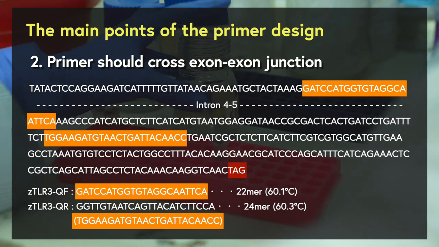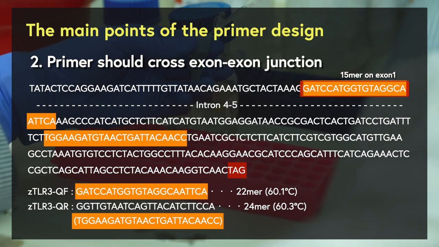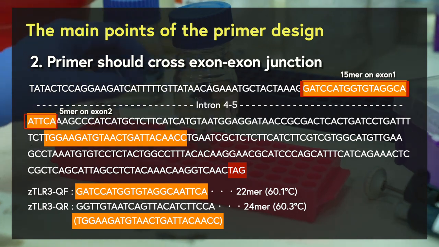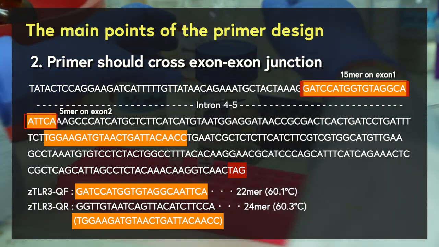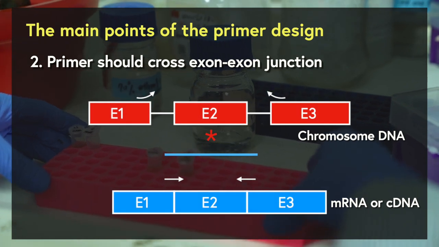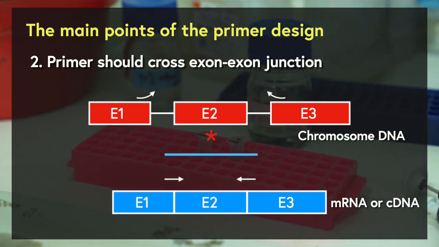The forward primer will have 15 nucleotides on one of the exons, for example exon 1, and then you will have another 5 nucleotides on exon 2. And then the reverse primer will have the same thing, 5 nucleotides on exon 2 and then 15 nucleotides on exon 3. Once the intron is removed in the mature messenger RNA that is reverse transcribed into your cDNA, your exon 1, exon 2 and exon 3 will be linked together.